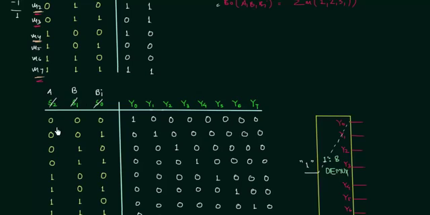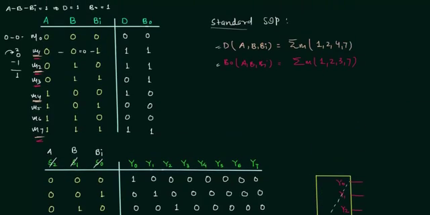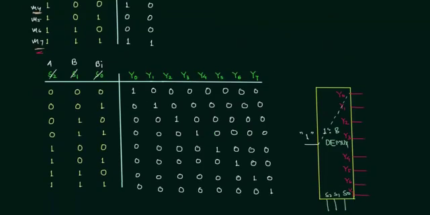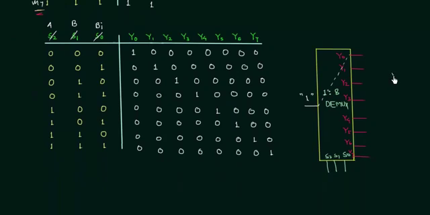When A is 0, B is 0, and BI is 1, in that case difference is 1, and we need that. So I will use one OR gate, and the output of this OR gate is difference. And when A, B are 0, BI is 1, you can see Y1 is high and we need this.